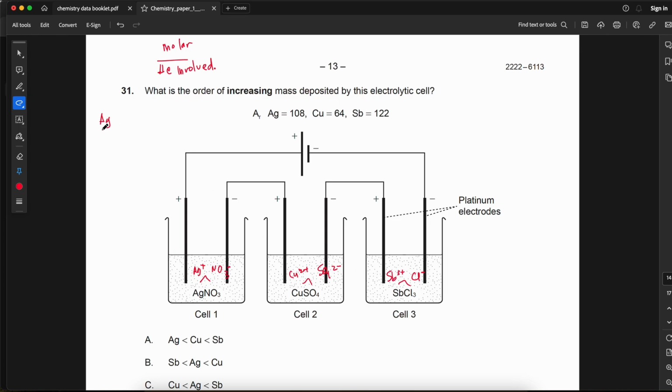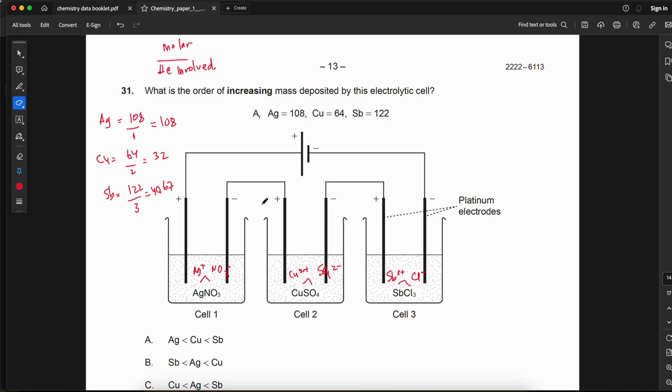For Ag, that would be 1 electron, and the Ar is 108, so that would be 108. For Cu, it's 2 electrons, 64 divided by 2, so that would be 32. For Sb, it is 122 divided by 3, which is 40.67.